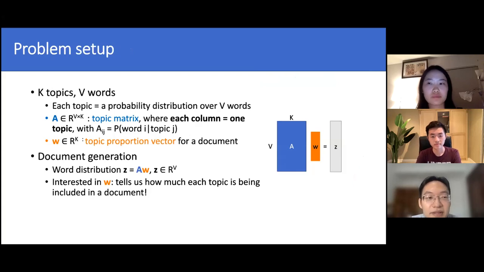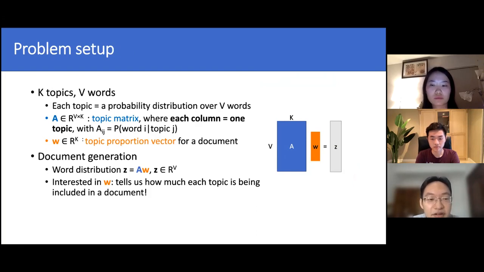To give a little more detail on the problem setup, let's say we have K topics and V words in our vocabulary, and each topic can be viewed as a probability distribution over V words. The topic matrix A can be seen as a concatenation of topic vectors as column vectors, and the W vector is our topic proportion vector for the document.